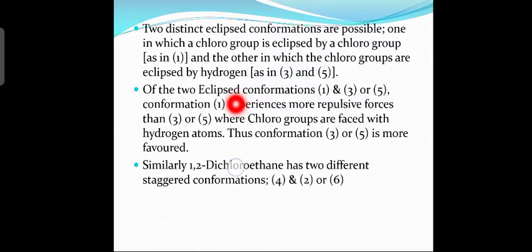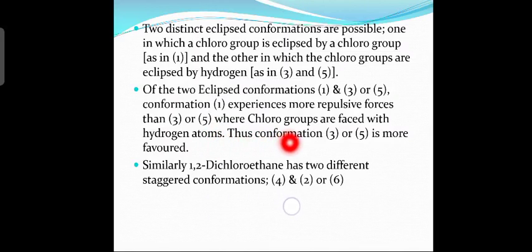Of the two eclipsed conformations, conformation 1 experiences more repulsive forces than 3 and 5, where chloro groups are faced with hydrogen atoms.